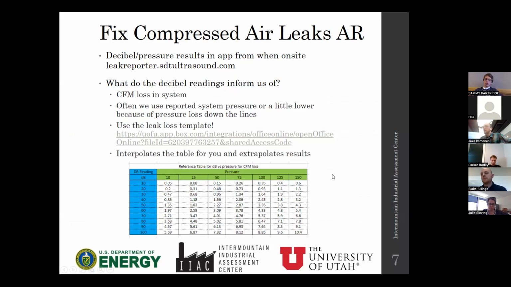I think that might be because that app is for a slightly different piece of equipment. I'm not sure why, but I think ultimately we want to use this template table to convert our decibel and our pressure to CFM loss.